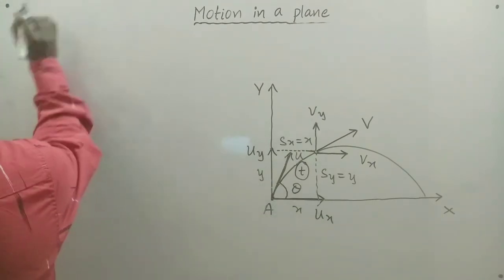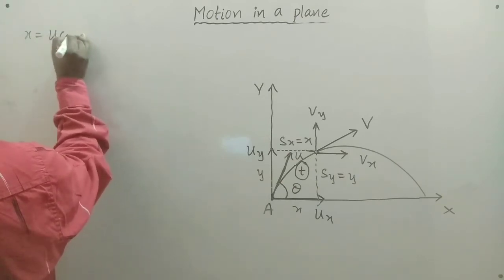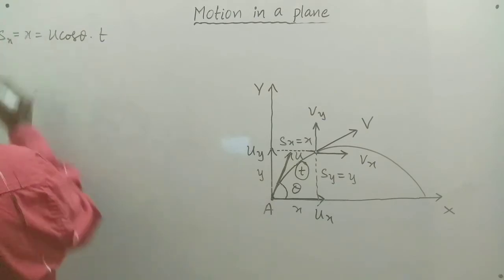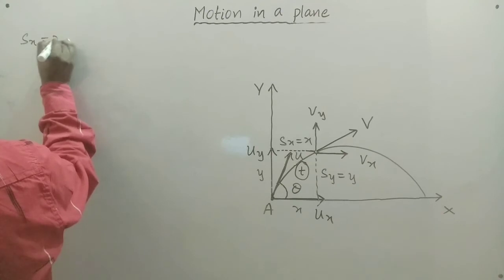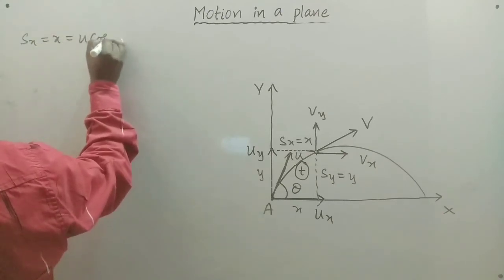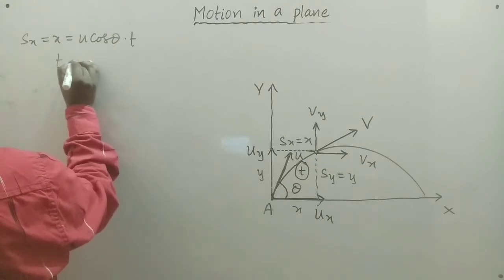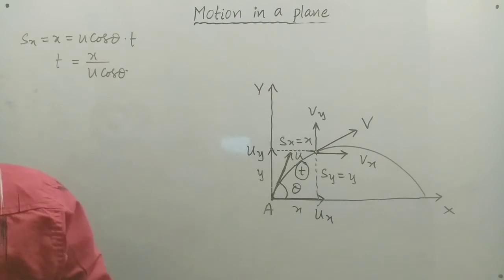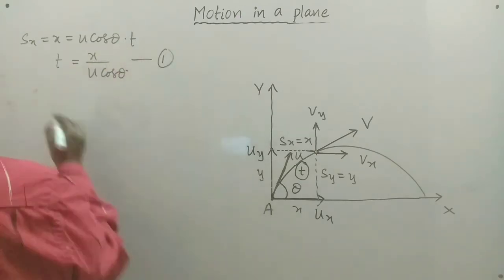Here x is equal to u cos theta into t. This already we got, Sx is equal to u cos theta into t. From this equation we can write t is equal to x by u cos theta, right? So this is equation 1.